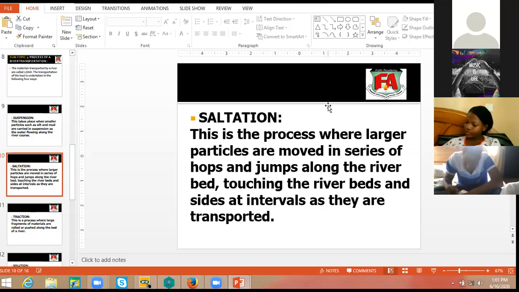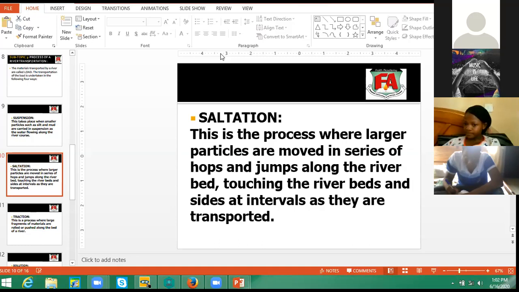The same way saltation takes place in a river. The water will flow up and then flow down, and then later flow up again and flow down, in anticline and syncline form. And as this water moves in hops, it tends to deposit material which creates new landforms or deep gullies, because some of the materials are in different sizes.